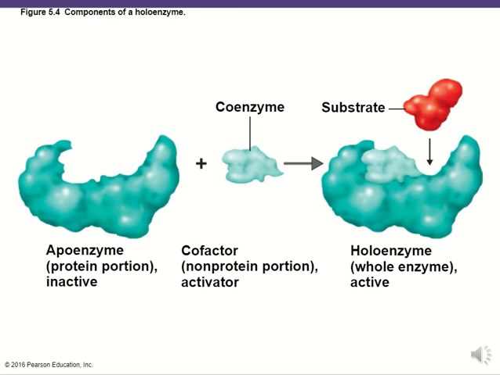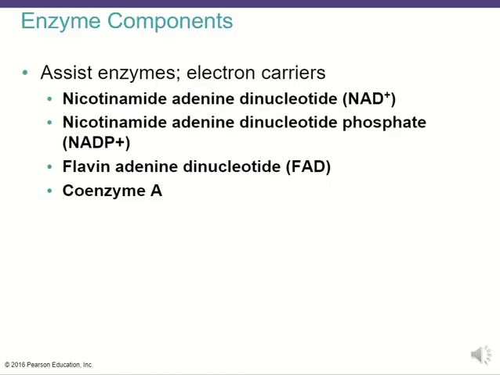So this is just showing how the combination of an apoenzyme and a cofactor to form the holoenzyme is what is actually a functional enzyme that can act on a substrate. Now, there are those that assist enzymes, such as electron carriers. There's nicotinamide adenine dinucleotide, NAD+.